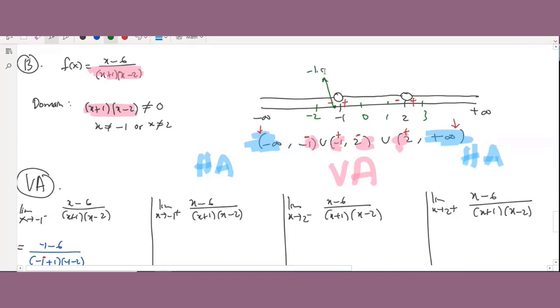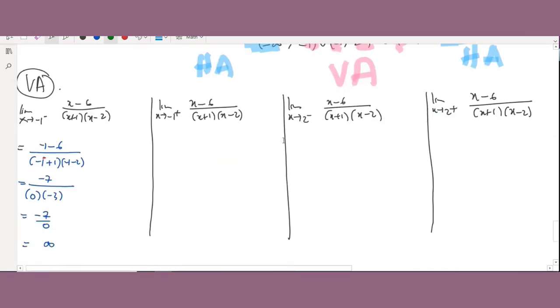Choose one value, negative 1.001, which is less than negative 1. So x plus 1 is negative, negative times negative 3 is positive. So negative 7 over 0 positive gives negative. The answer is negative infinity.